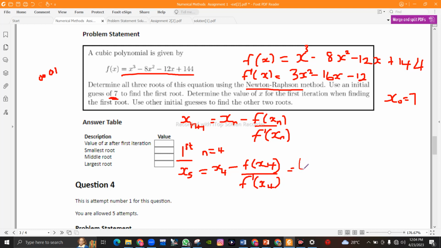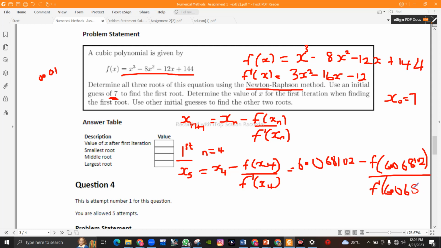That's 6.068102 minus f of that x4, which is 6.068102, divided by f prime of 6.068102. So we calculate this, you're going to get your x5.